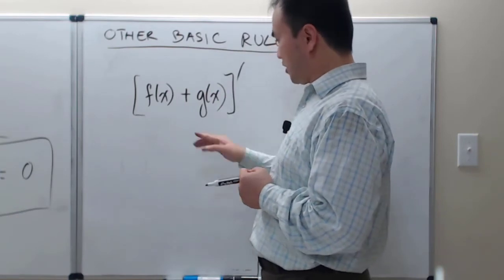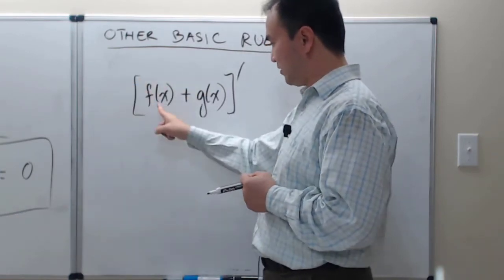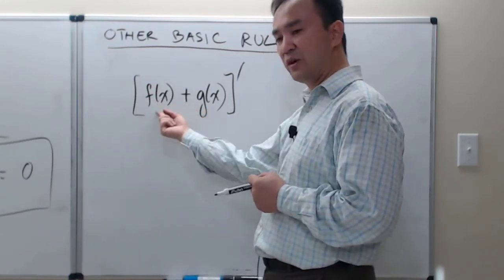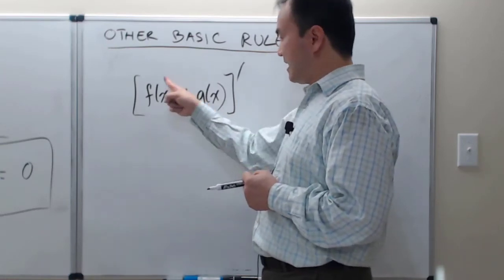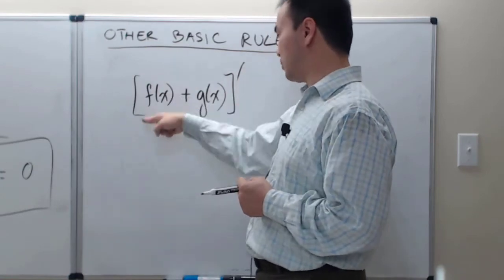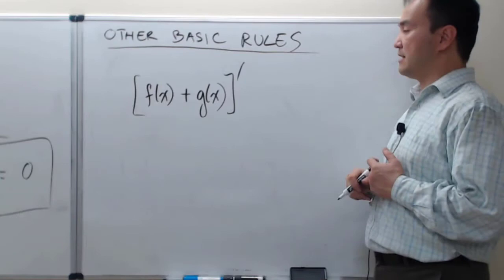Once again, what I'm trying to express is that a lot of the time you're working on a function that comes from the sum of two other functions. That's what the f of x plus g of x is all about. And on top of that, you are asked to find the derivative. That's what this operator, this instruction, is indicating.